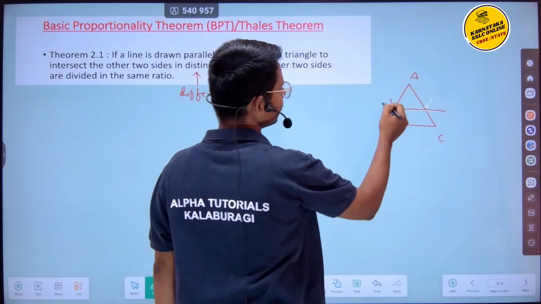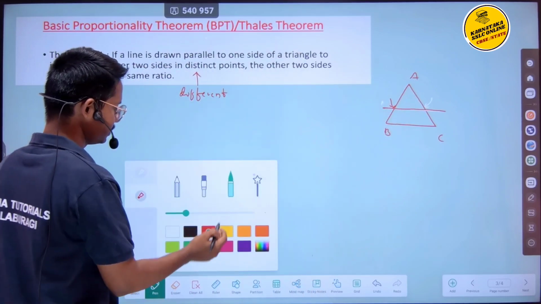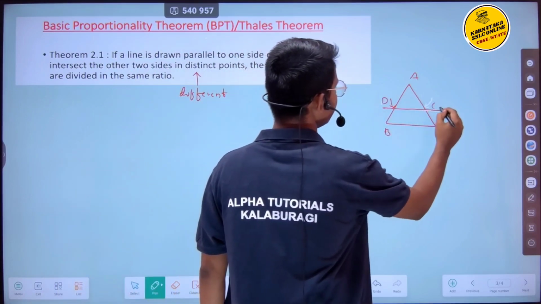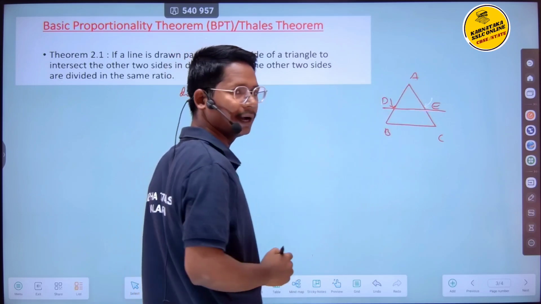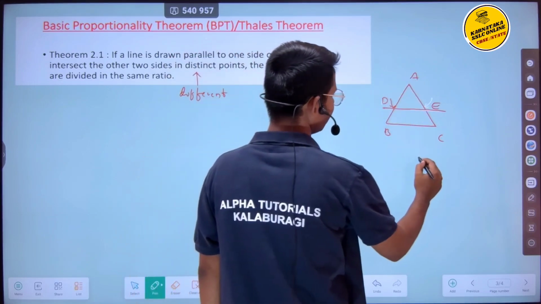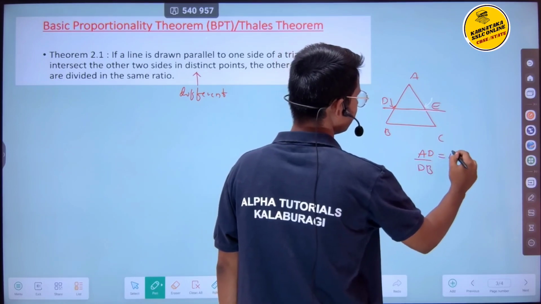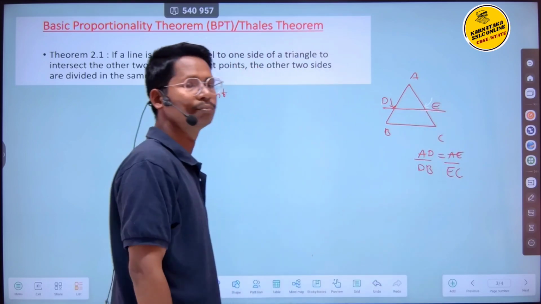It means, suppose I name this line DE, then the 2 sides AB and AC are divided in the same ratio. That means you should get AD by DB equal to AE by EC. This you need to prove.